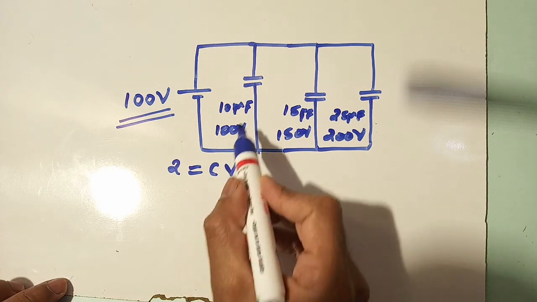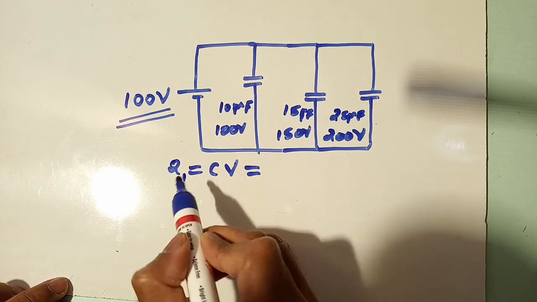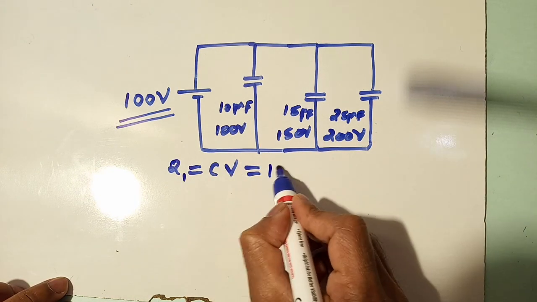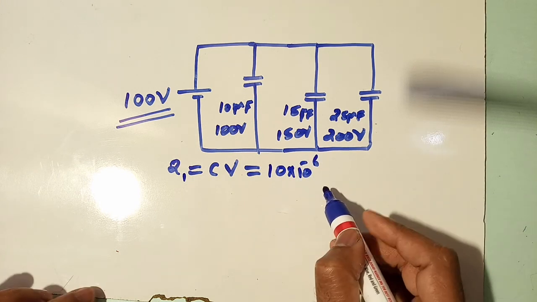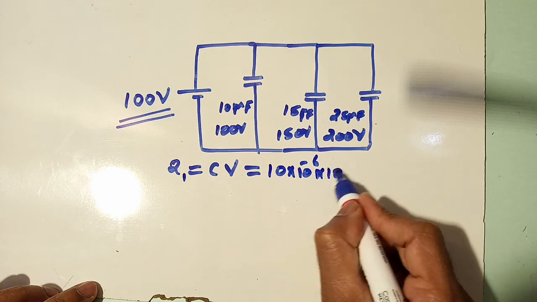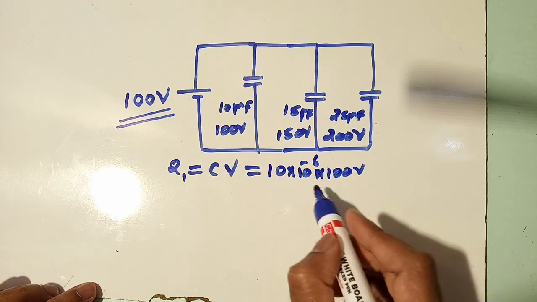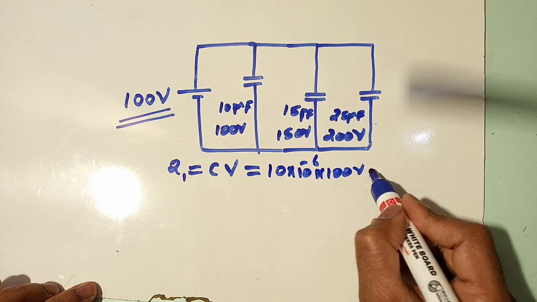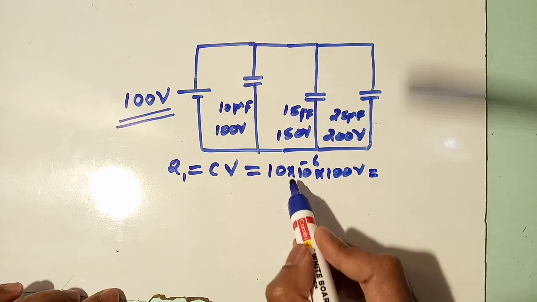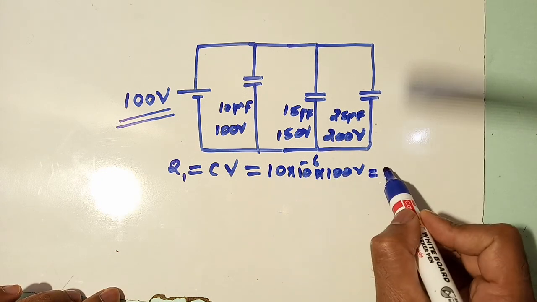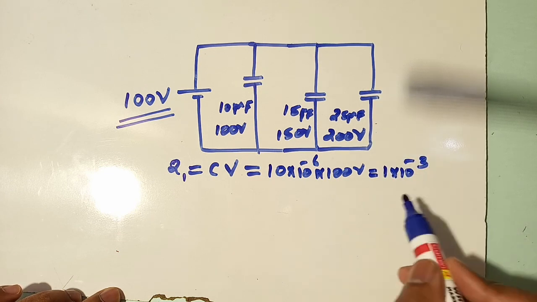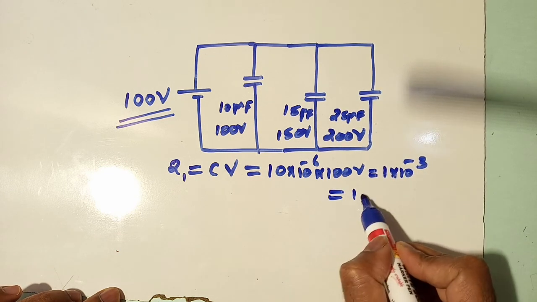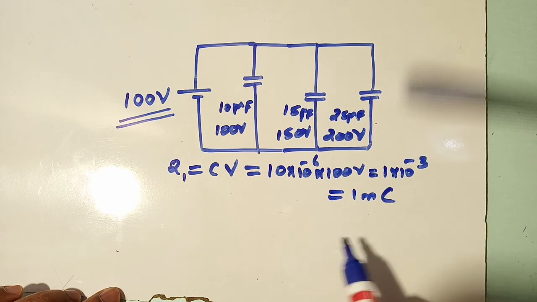We'll find for the first capacitor Q1, what is the charge? It is 10 microfarad multiplied by 100 volt. We will get 1 into 10 to the power minus 3, that is 1 millicoulomb charge.